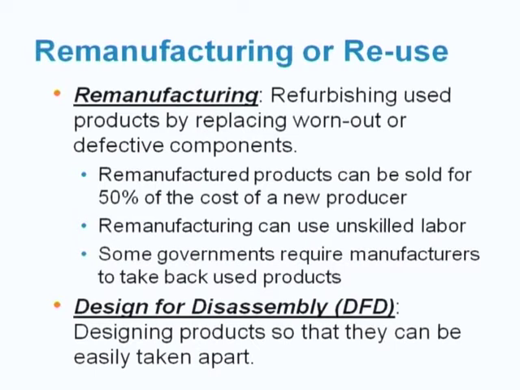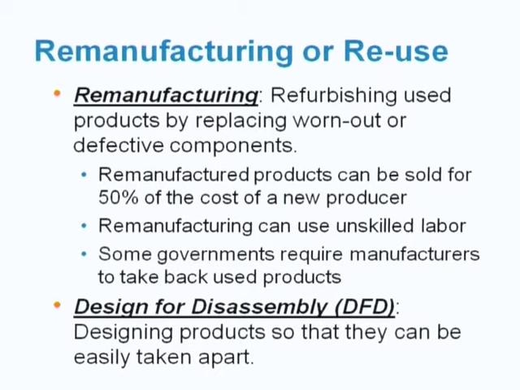The second R is remanufacturing or reuse. This is refurbishing used products by replacing worn out or defective components. For example, in the market today, we have second-hand cars or second-hand notebook computers. These are reused products.